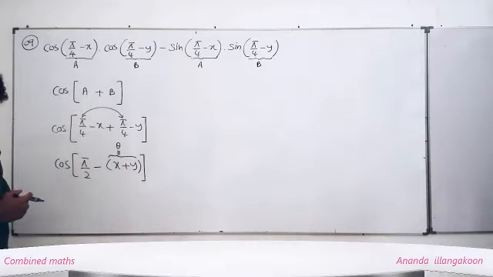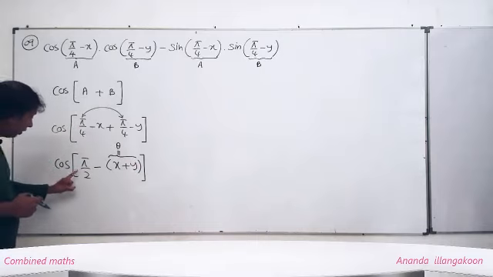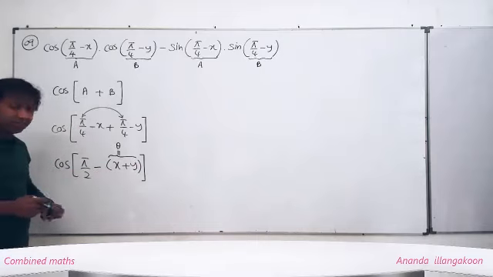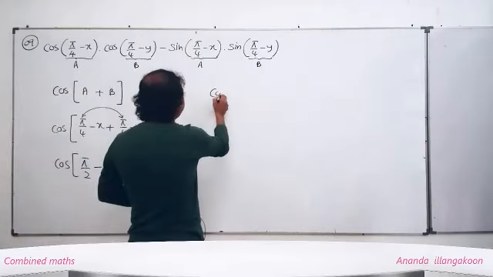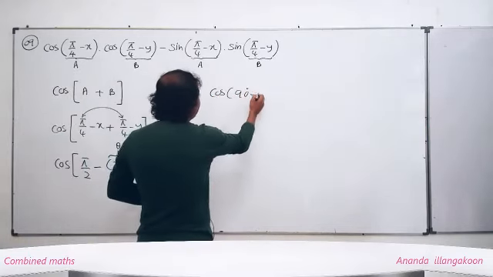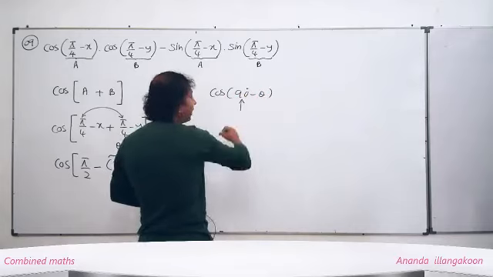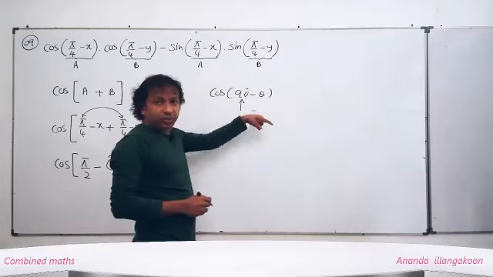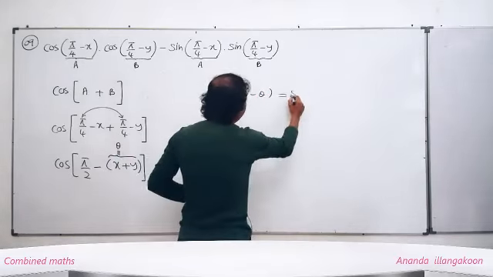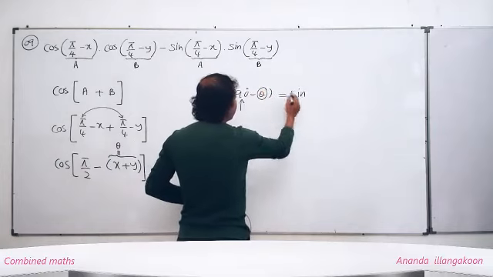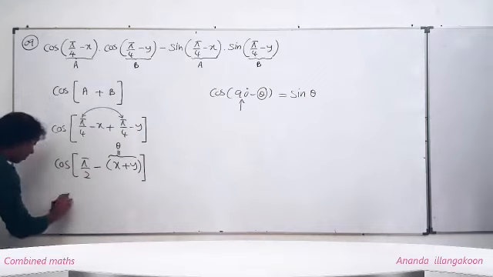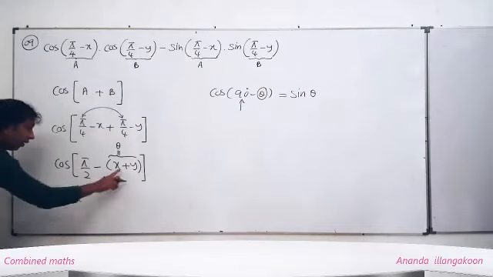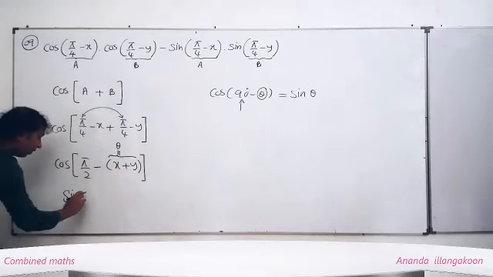Then what do you have really here, people? Cos 90 minus theta. Cos 90 minus theta. People, what is this answer? First angle is on the y-axis. Then this cos goes to what? Sine, no? Sine. What is the right hand side angle? The second angle. Sine theta. Then what do you get here? Sine theta means this x plus y, no? x plus y.